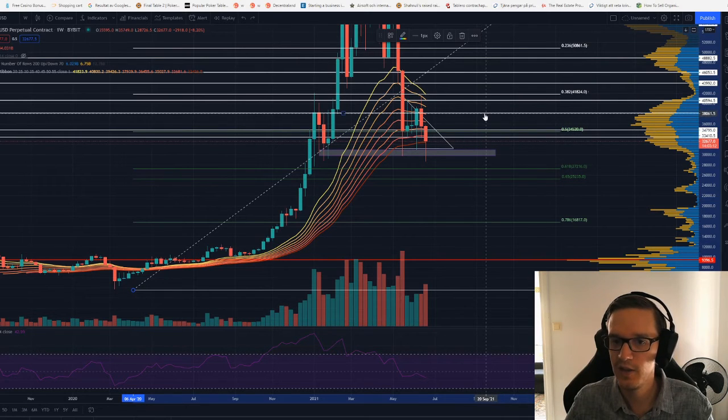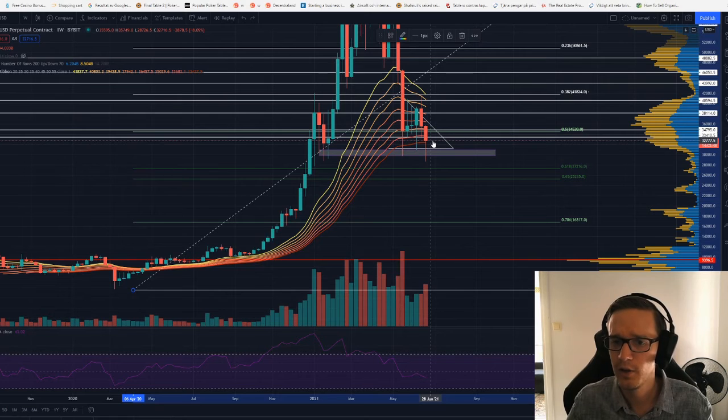And you can see that if we are going above all these big resistance, support and resistance indicators here, we are most likely next week going to see prices of at least to the 38,000 areas for the Bitcoin price.